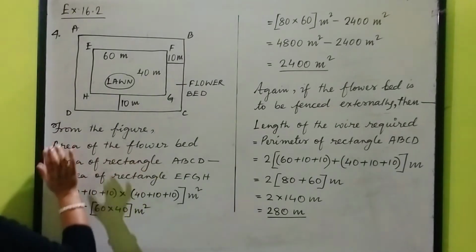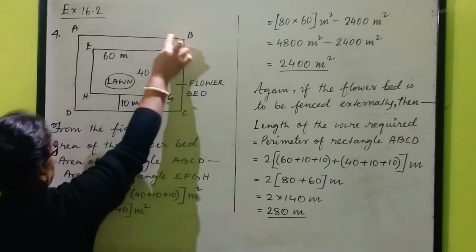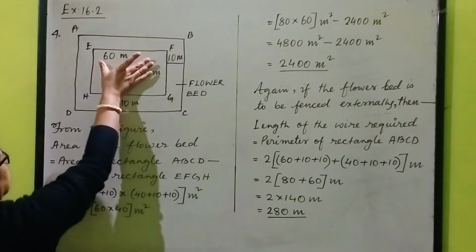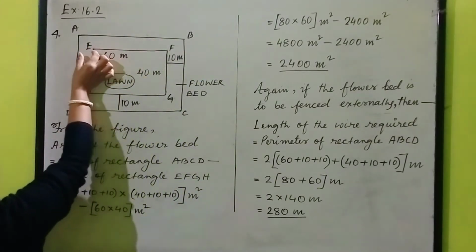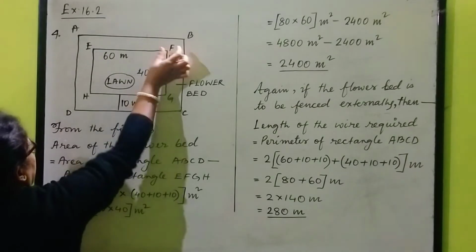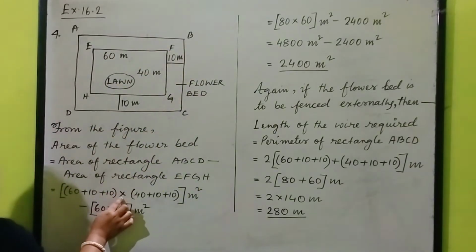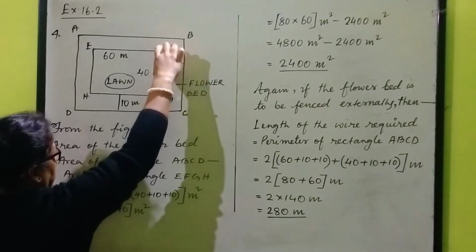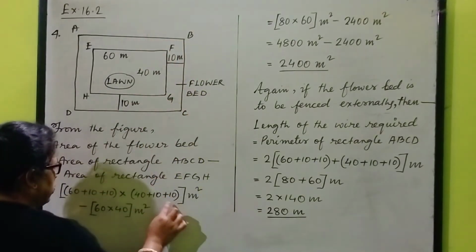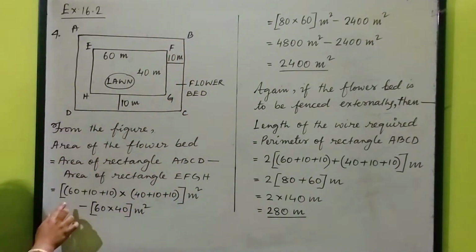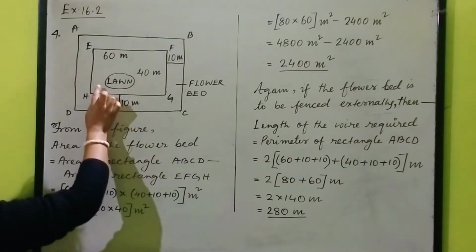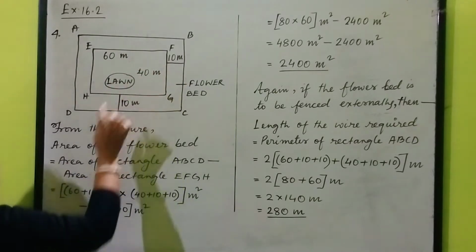Area of rectangle ABCD means length into breadth. This length is not known to you, but this length is known. So 60 meter plus 10 meter plus 10 meter, into breadth. Breadth is this 40 meter, so 40 plus 10 plus 10 will give you the breadth. So minus your area of the smaller rectangle EFGH. So this is length, this is breadth.